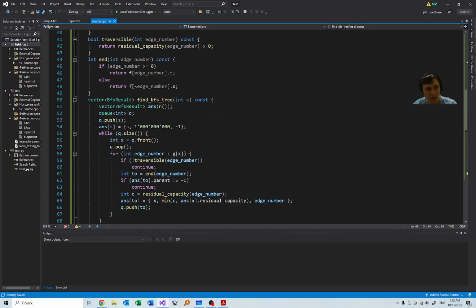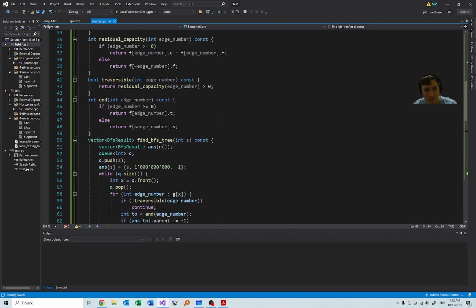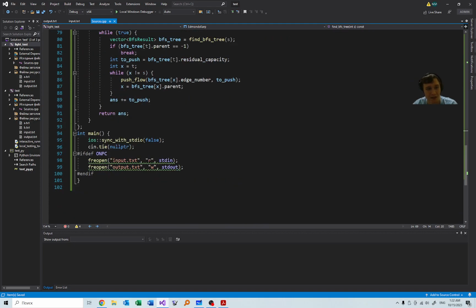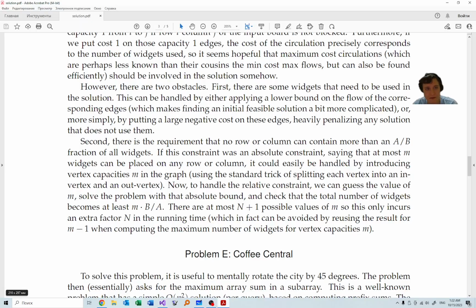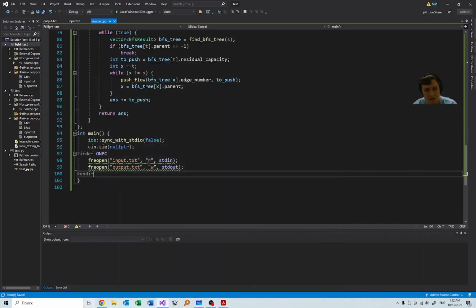Okay, we have written the Edmonds-Karp algorithm in only an hour. So now let's make some canvas for the solution.